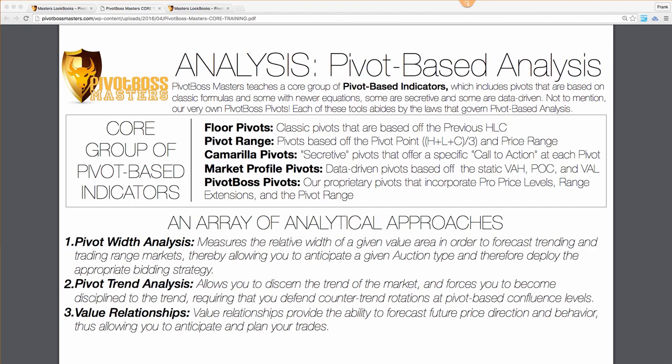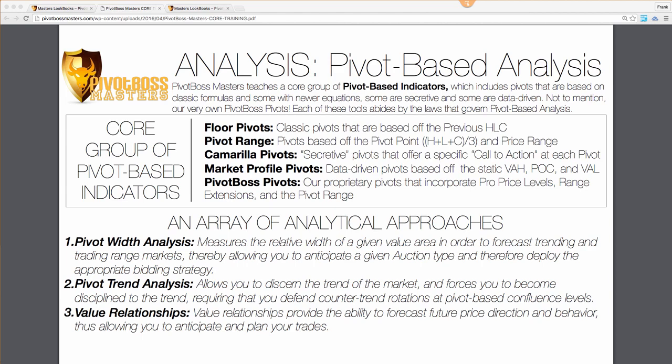I mean, it really helps you understand how these levels can be super powerful because of the multiple time frame ability to create confluence levels at all those various time frames, and all the various confluence levels among and between themselves. It's just a really cool group of indicators.